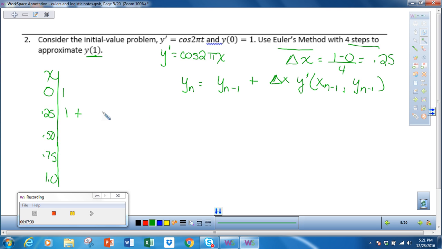My delta is 0.25, and I'm going to evaluate this at cosine of 2 pi times my previous x, and my previous x was 0. Okay, so I have the cosine of 0, which is 1, so this gives me 1.25.